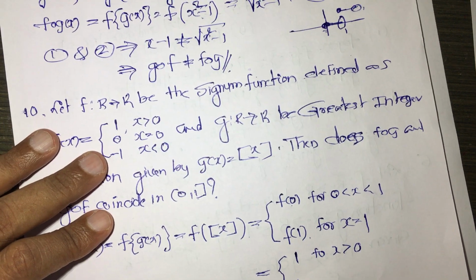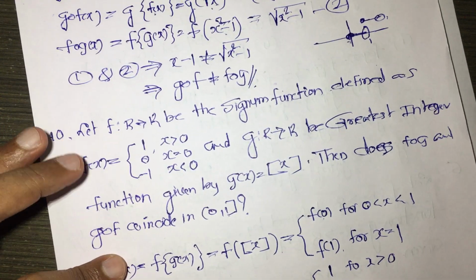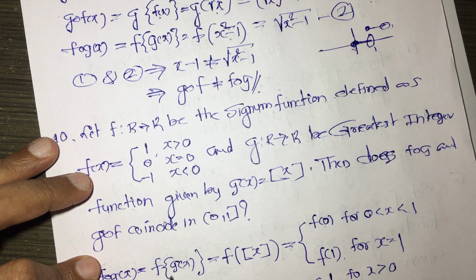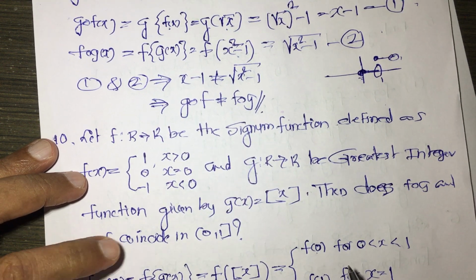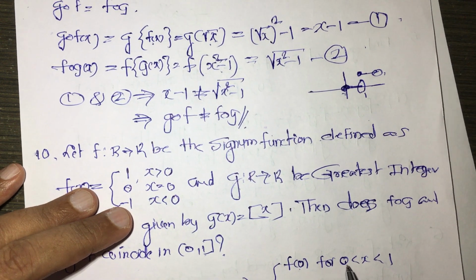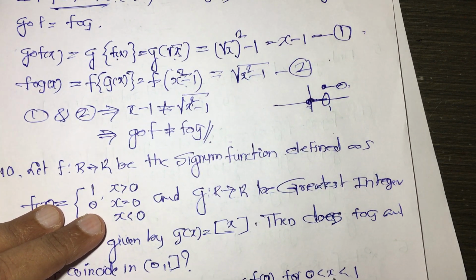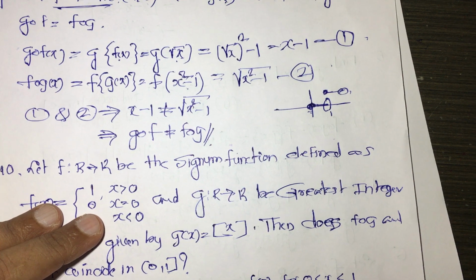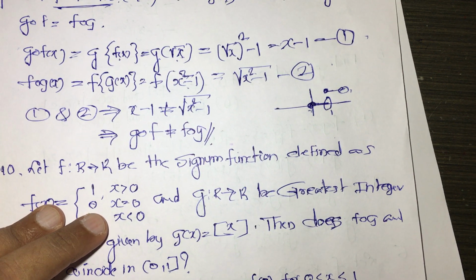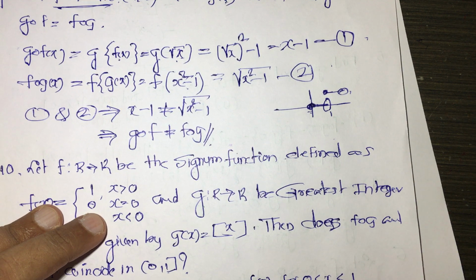So when x is in (0, 1), f composite g of x, f of g of x, is f of square bracket x, and f of square bracket x for 0 less than x less than 1, means any value between 0 and 1, is 0.